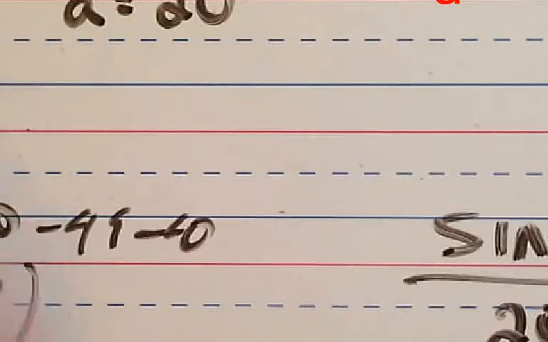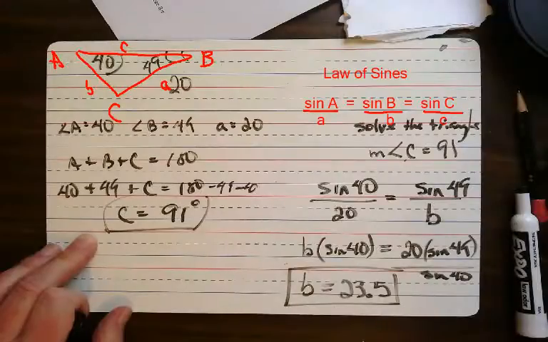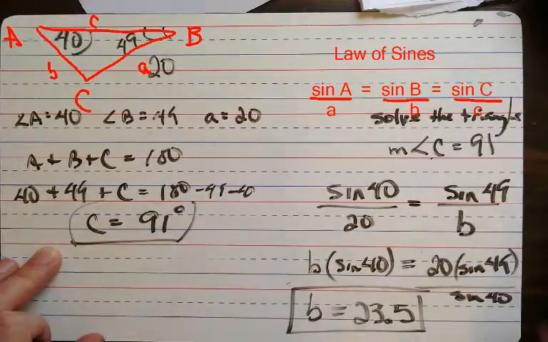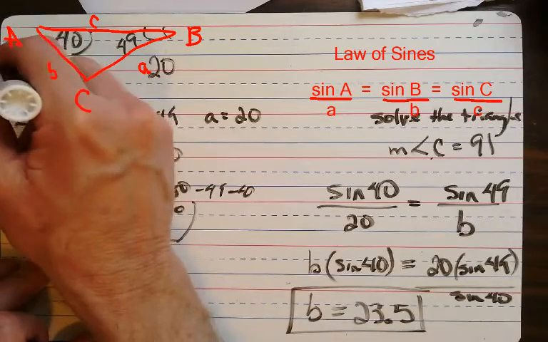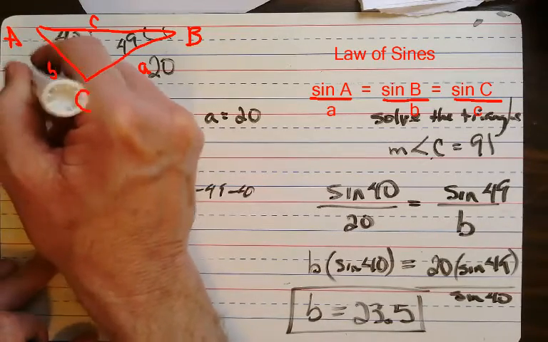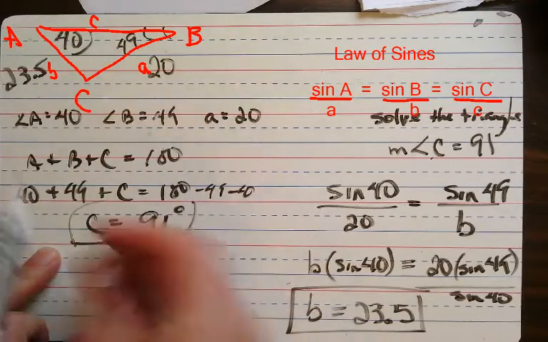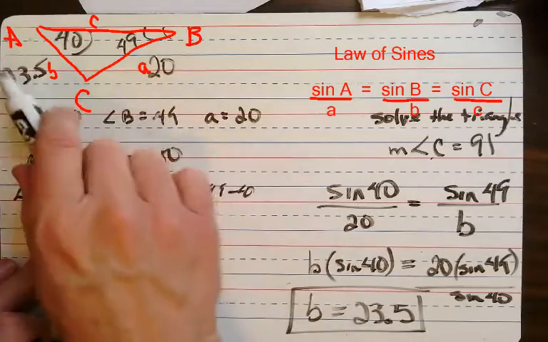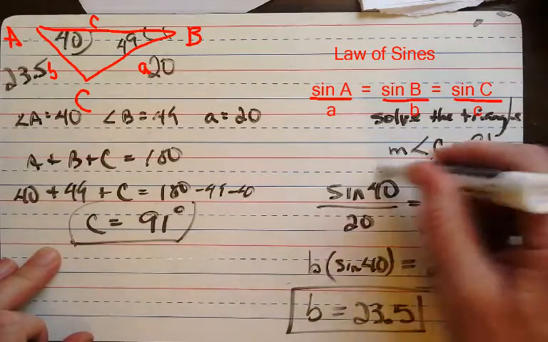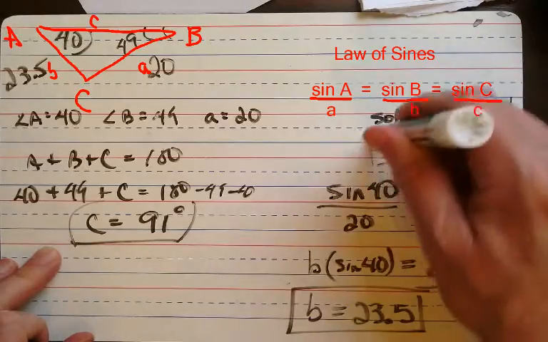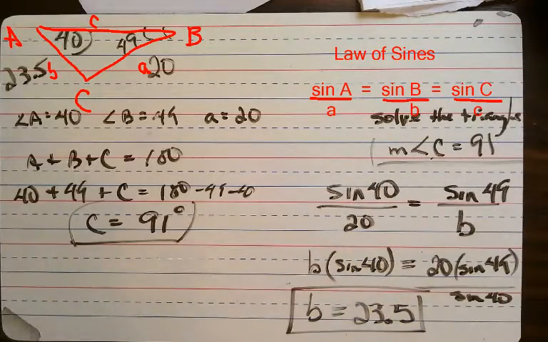So I know this side's 20, and now I know this side over here is 23.5. So maybe we can put it right there. So I know side A is 20, this one's 23.5, and I need to know side C. I had to find the measure of the angle, and I have to find the measure of the side.